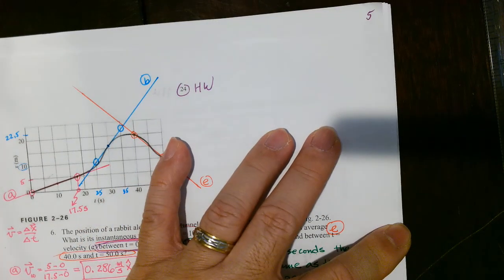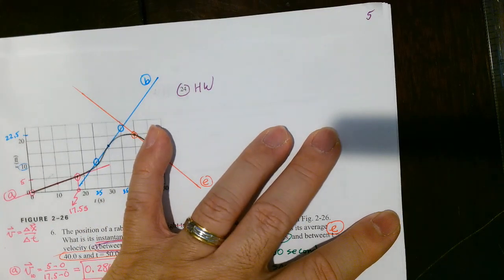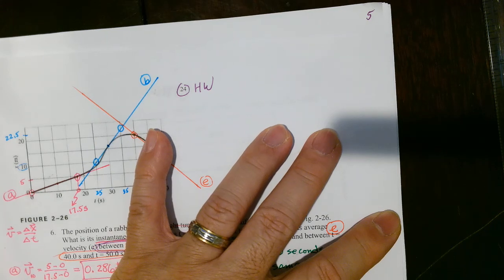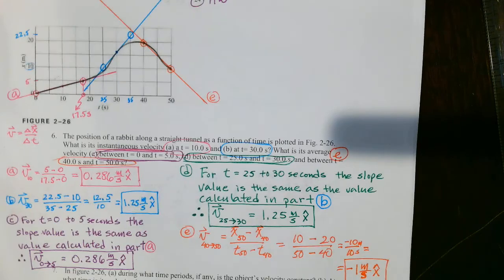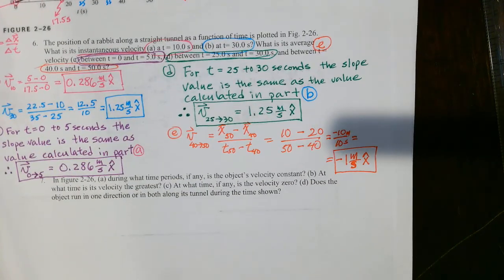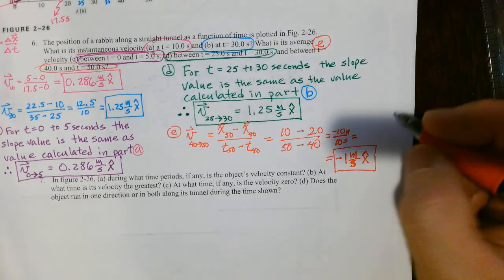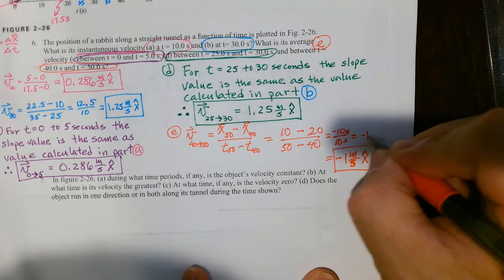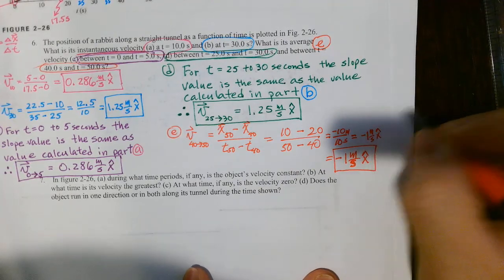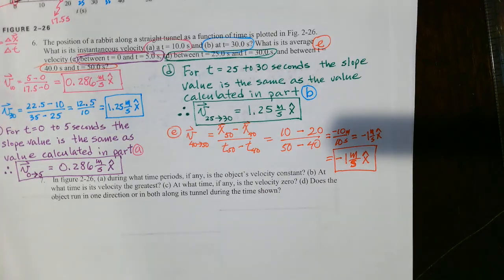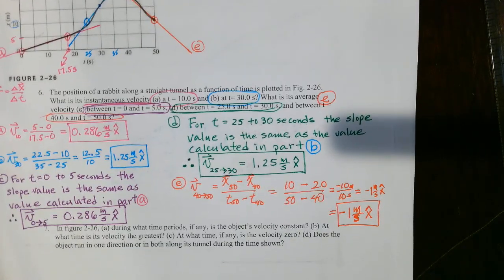So it is negative 1 meter per second x hat for the average velocity between 40 to 50. Okay, so negative 1. So that's E.